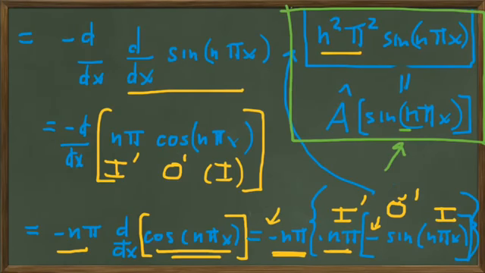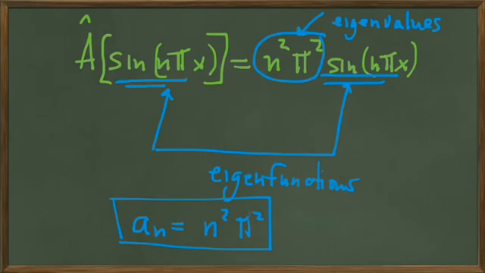So here is the eigenfunction on both sides, and the n squared pi squared is the eigenvalue. And here we have that summarized on the next blackboard. We have identified the eigenfunction on both sides and the eigenvalue, and we've written the set of eigenvalues here separately.